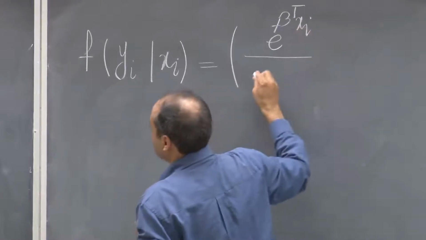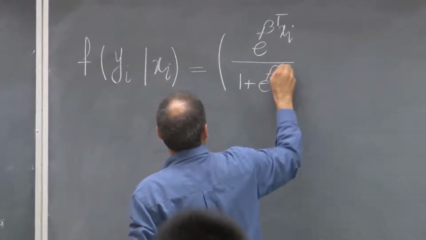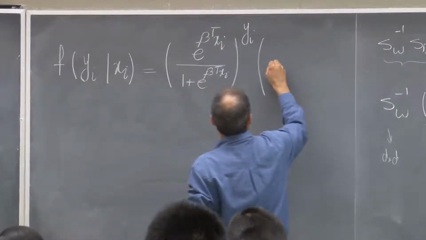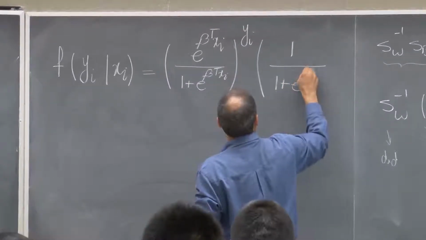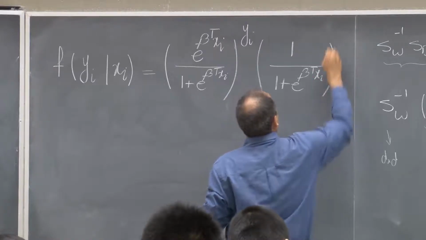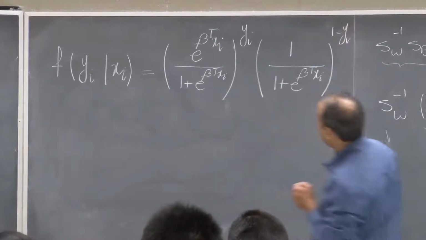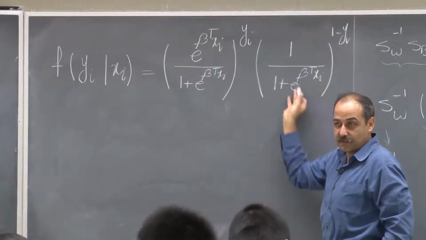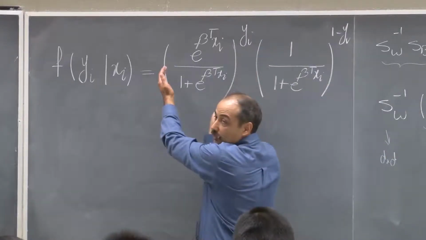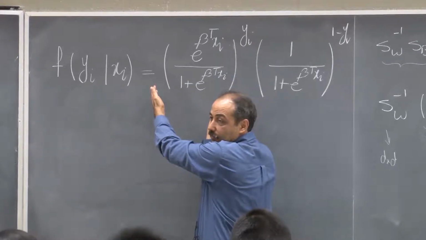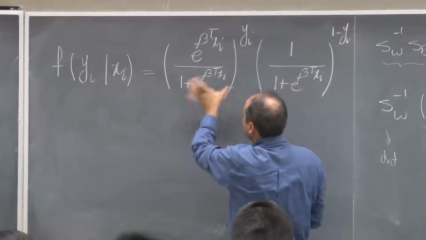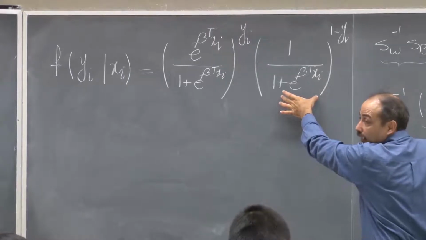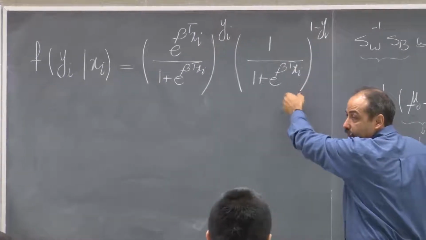This is a simple trick that I can combine these two. I can write it this way: see, if y is 1, this part is 0, and I can compute the density only using this term. If y is 0, this is going to be 1, and I have basically the density only using this part.